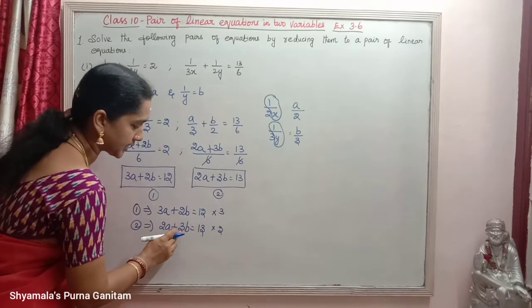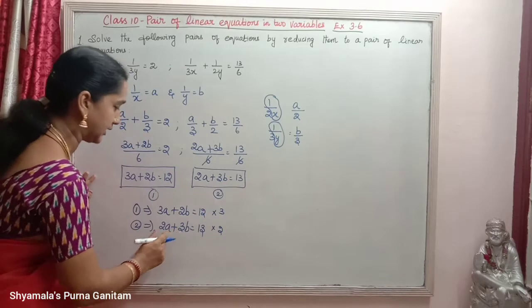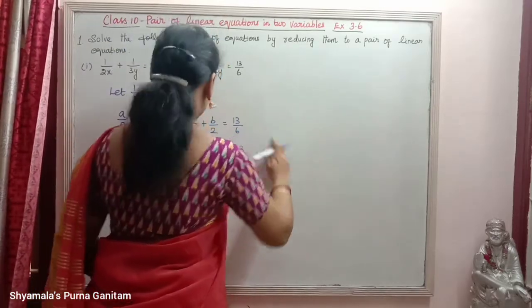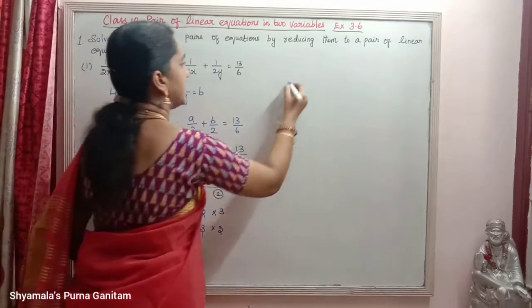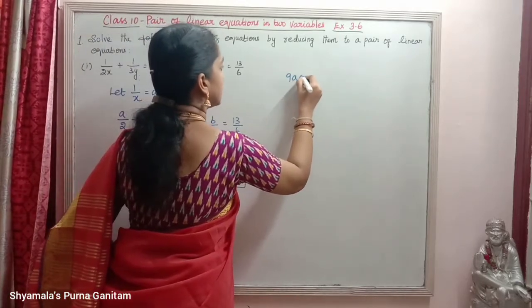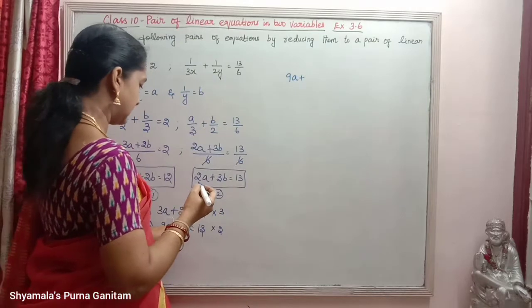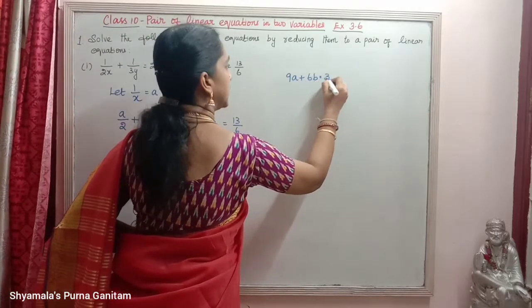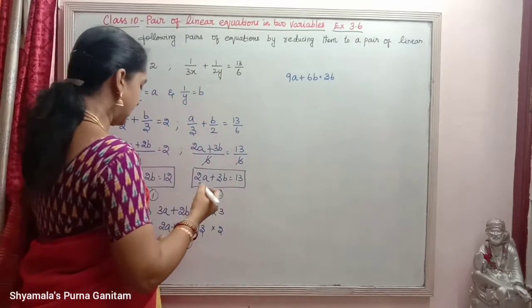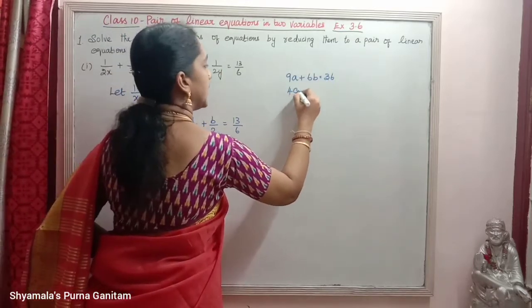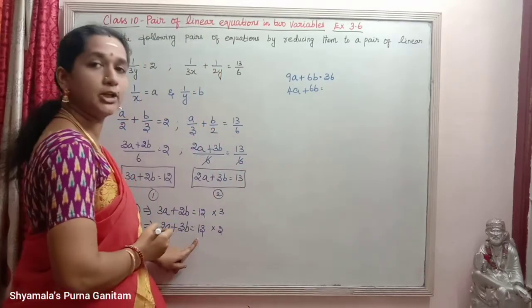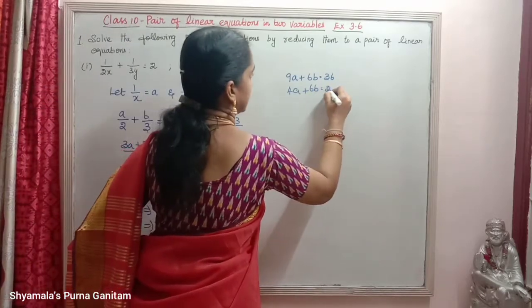So 3 2s are 6, here also 3 2s are 6 I will get. So my equation will be 3 3s are 9a plus 6b is equal to 36. Then second equation, 4a plus 6b is equal to 13 2s are 26.